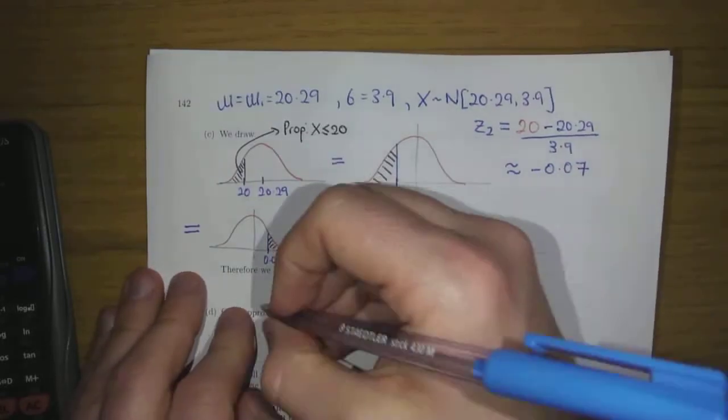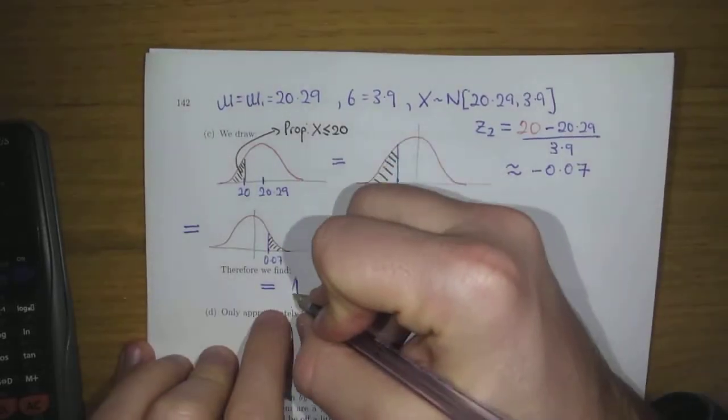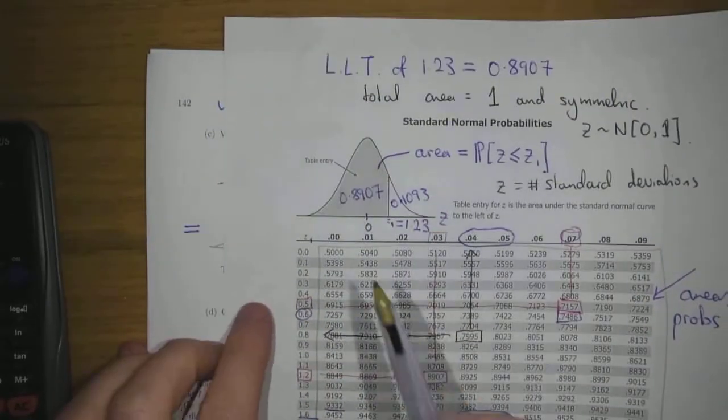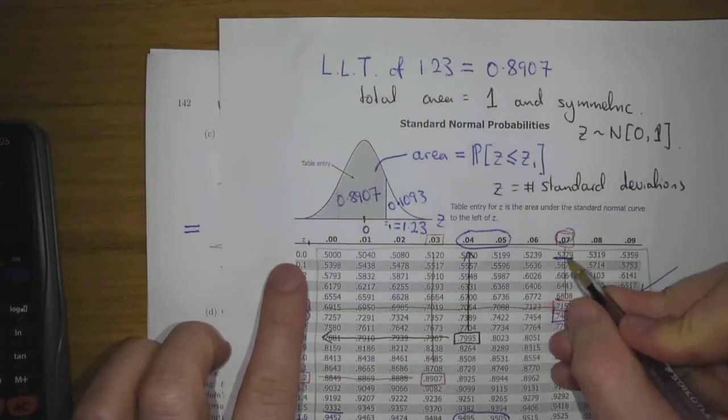And that we're going to get off the table. So the proportion of the concrete that's weaker than 20 megapascals is 1 minus the long left tail of 0.07. So it goes 0.07, we get 0.5279.